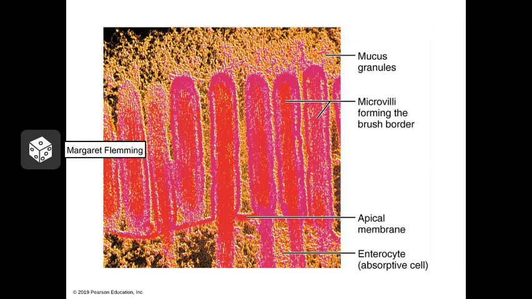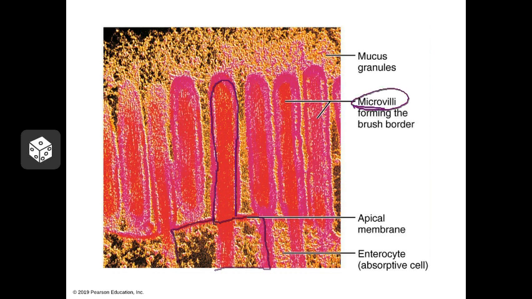This is a really wonderful electron microscope image of a surface of one of these enterocytes or absorptive cells that line the small intestine. So this is one of those cells here, okay, and this is a modified surface area projection called the microvilli, and they form the brush border. Now, on the surface of the microvilli, we find intestinal enzymes.